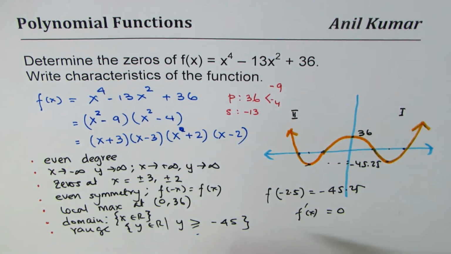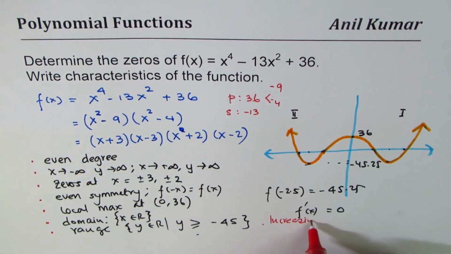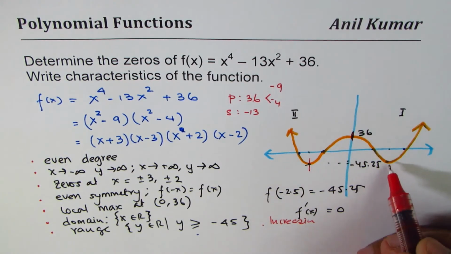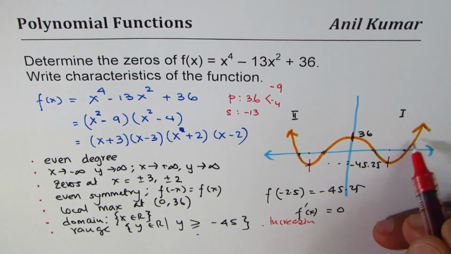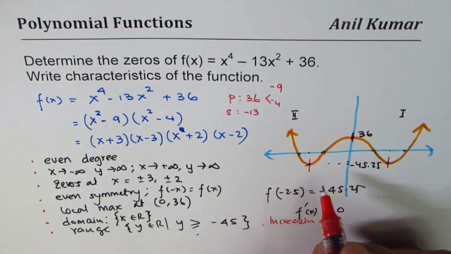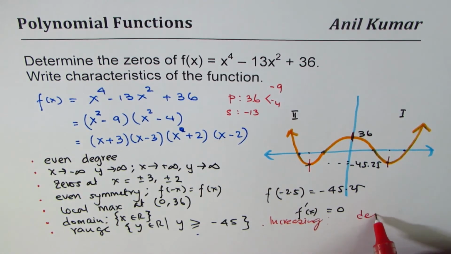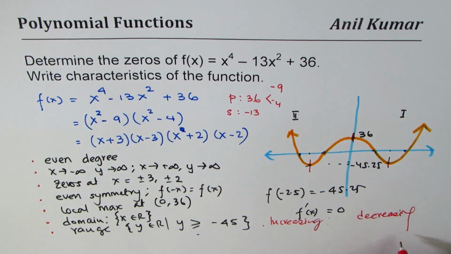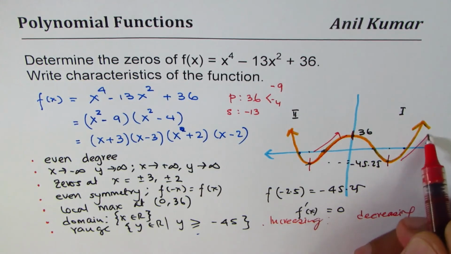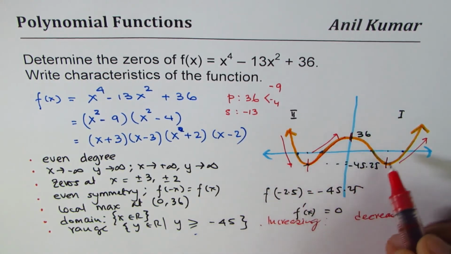As an added exercise, you can say in which intervals it is increasing. It is increasing from this point to this point and from this point onwards. Is it okay? But we're not very sure of these turning points yet, so I'm reluctant to write these increasing and decreasing intervals. It is decreasing from minus infinity to that point.